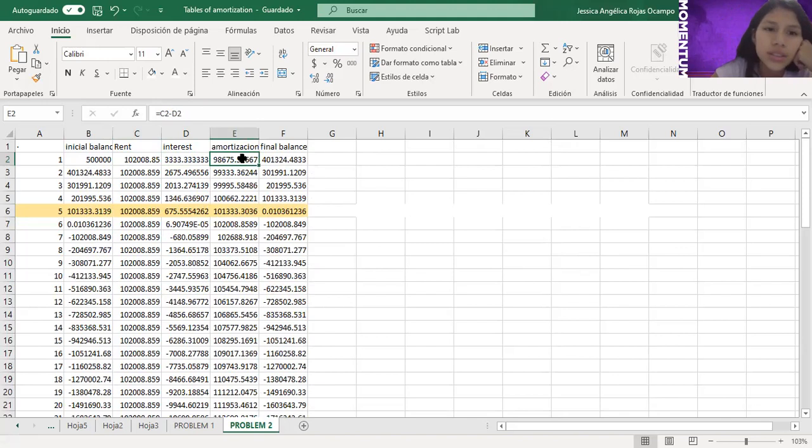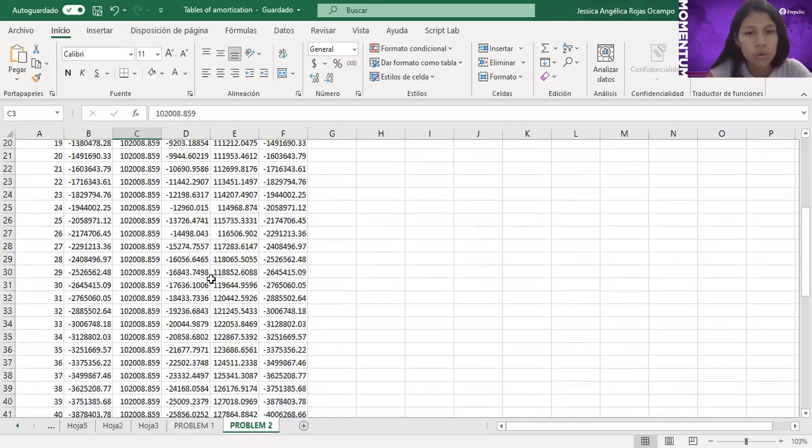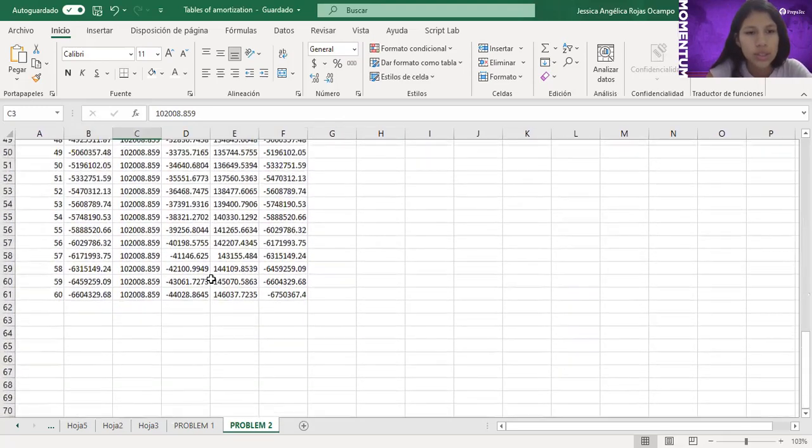The amortization is the rent minus interest, and the final balance is the initial balance minus the amortization, and the final balance is the same that is put in period 2 as initial balance. And all this gives me.